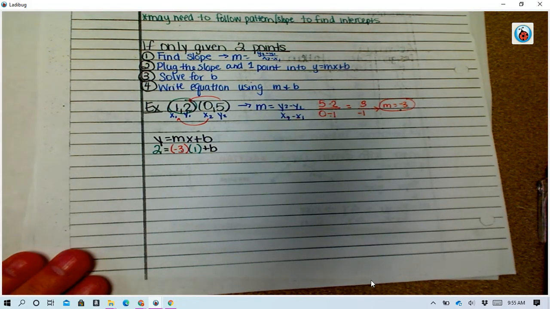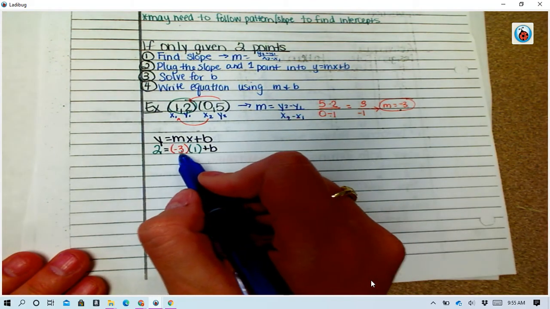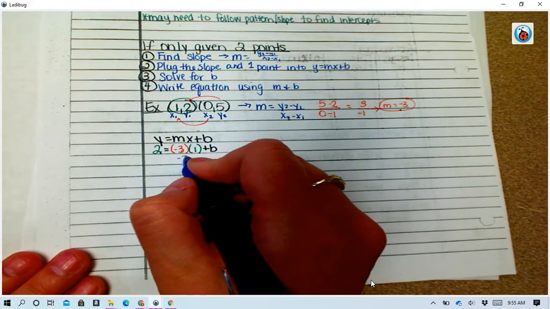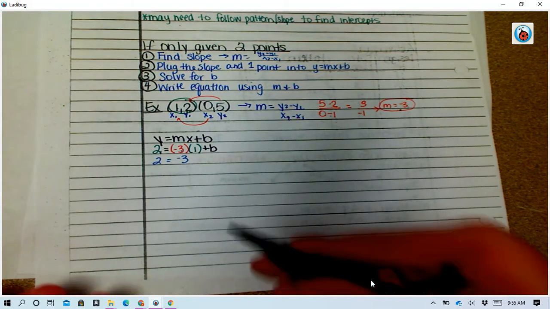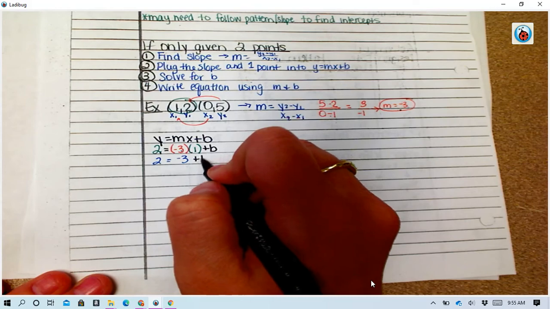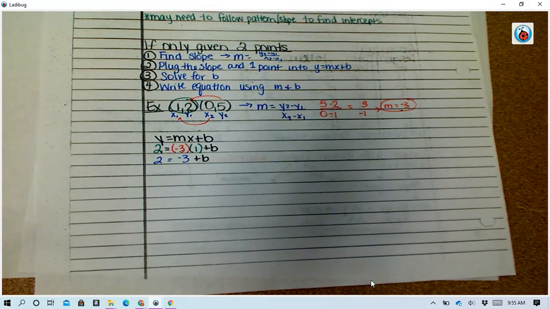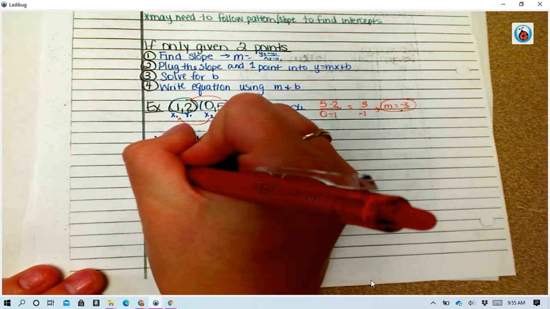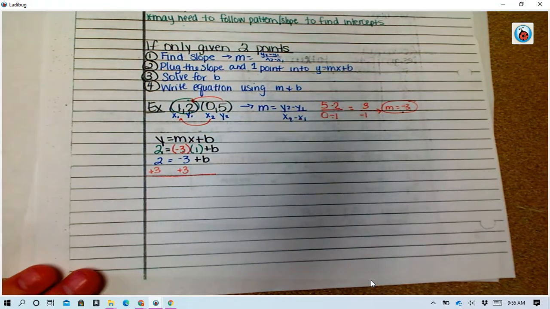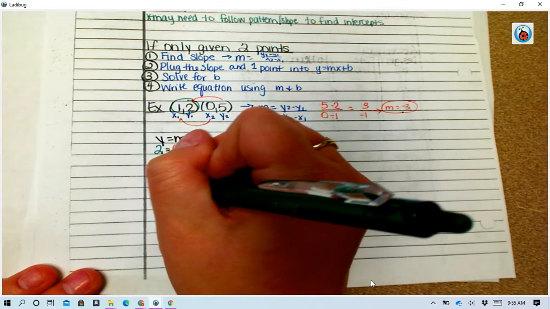So now we just have to do the math. So -3 times 1 is -3. That 2 over there isn't going to change. We're still solving for b. To get b by itself, I'm going to add 3 to both sides. And 2 plus 3 is 5.